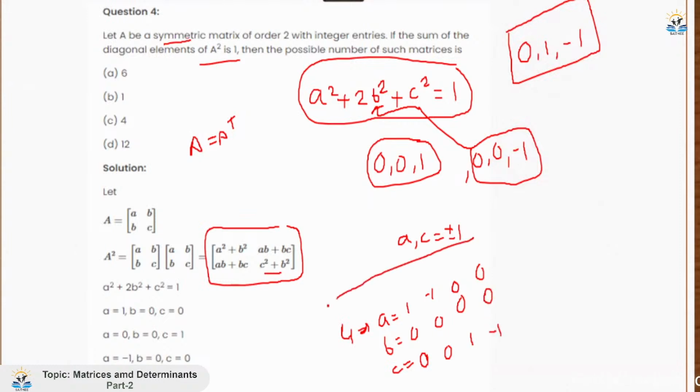These are the 4 situations. For these 4 situations, your condition will be satisfied and the sum of diagonal elements of A square will be equal to 1, that is A square plus 2B square plus C square equal to 1, in only these four cases. So your answer would be 4, which is the C part.